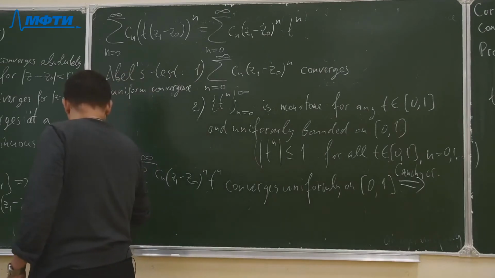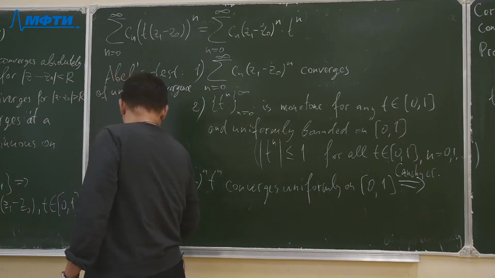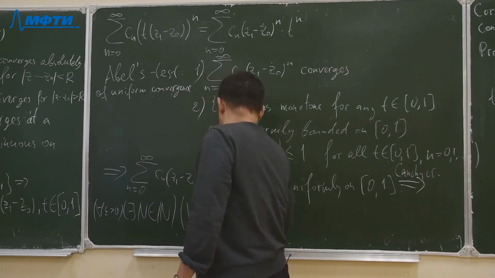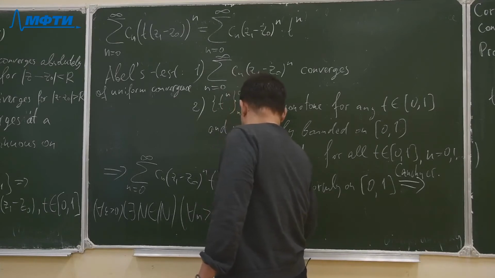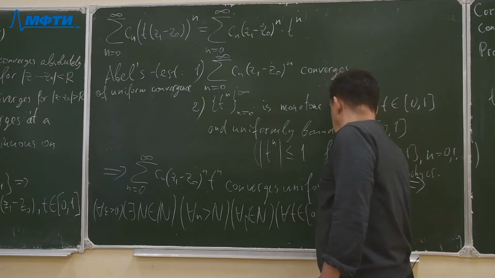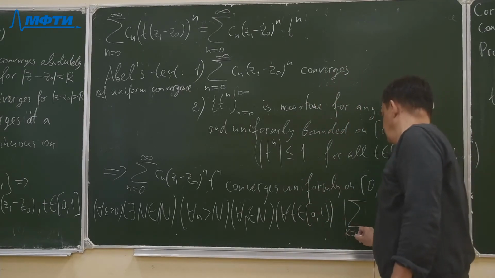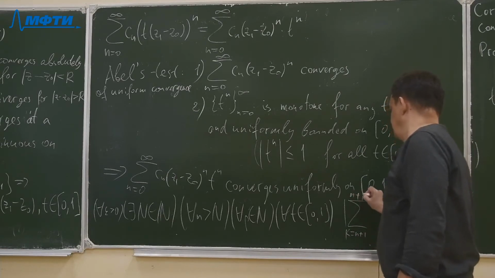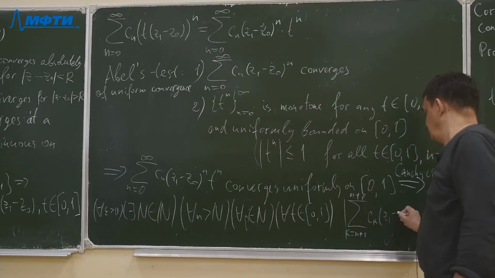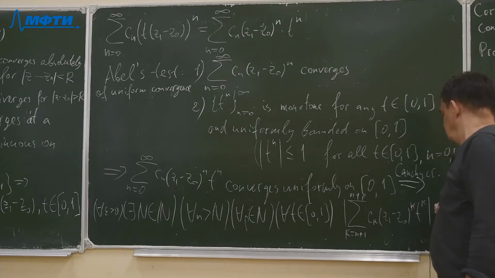For any epsilon greater than 0, there exists a natural capital N such that for all n greater than capital N, and for all natural p, and for all t in 0, 1, we have the modulus of the sum from n plus 1 up to n plus p of c_k (z1 minus z0) to the power k times t to the power k is less than epsilon.